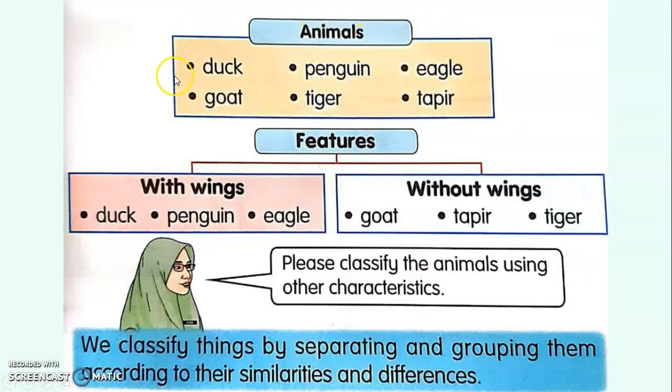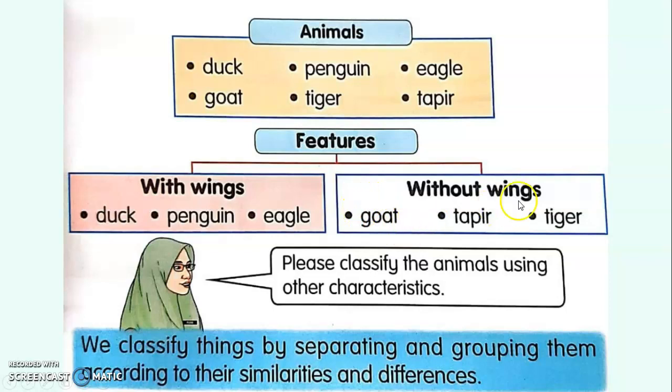All the animals that I have mentioned just now, look at the features that we used here. Ciri luaran dia, with wings, we state the similarity of all these animals. Kita nyatakan persamaan semua binatang ini, which is all these animals with wings, ada sayap.